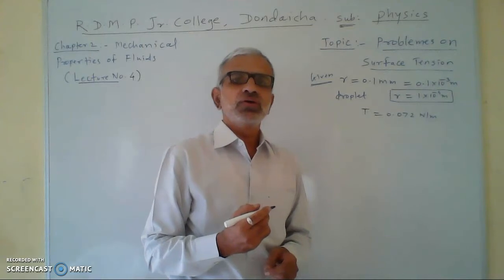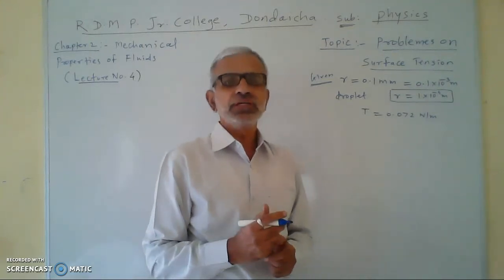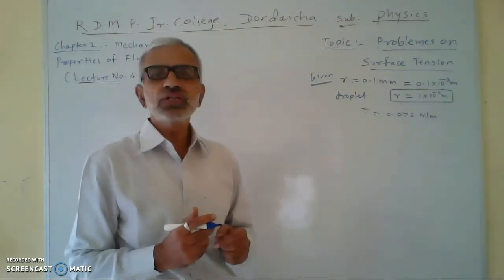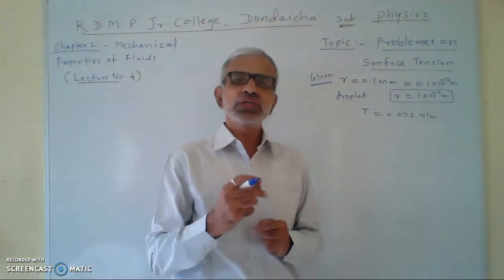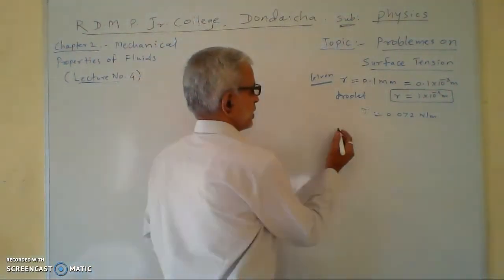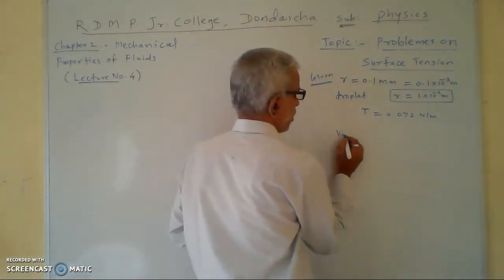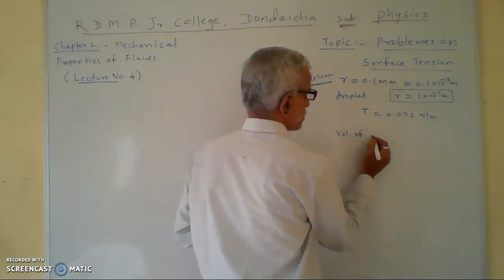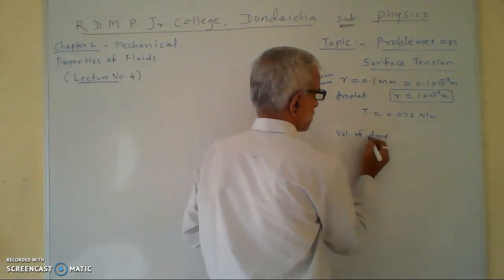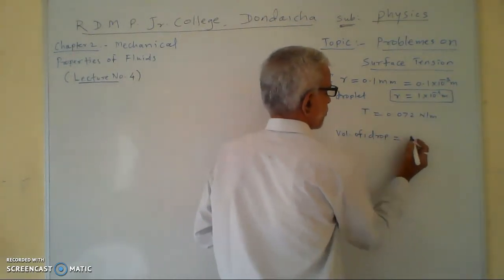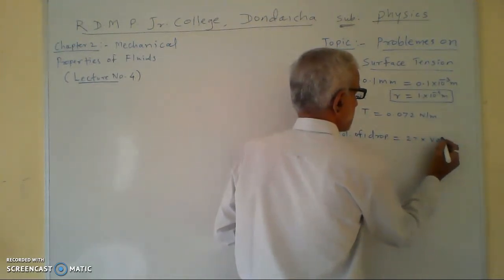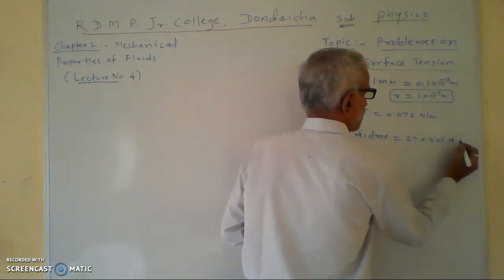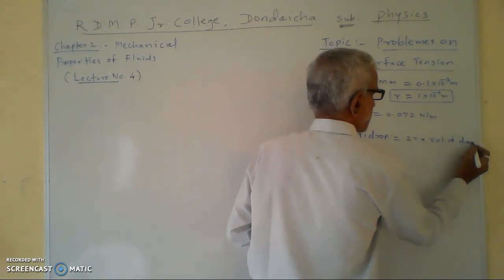Then we find the radius of the drop, and for that purpose we use a formula. Volume of drop is equal to 27 multiplied by volume of droplet.